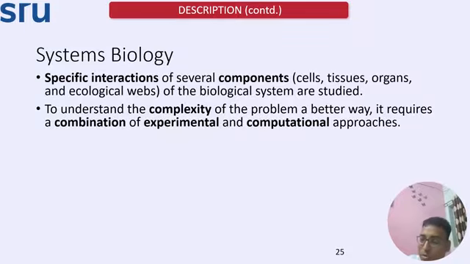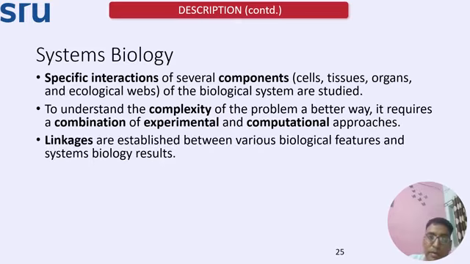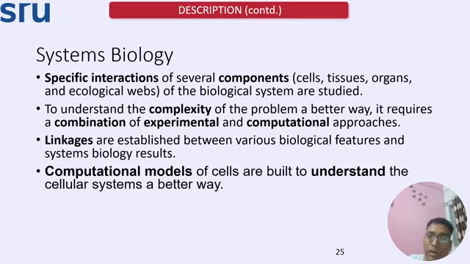All of them should be analyzed together. Linkages are established between various biological features and systems biology results so that we can get it properly. Computational models of cells are built to understand cellular systems in a better way. It is properly needed.